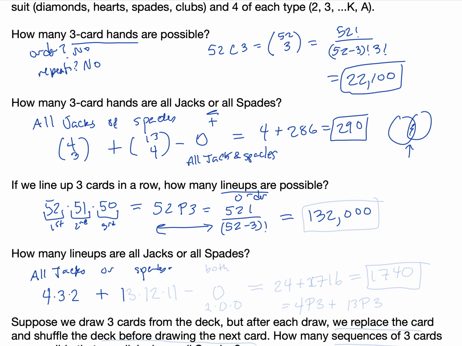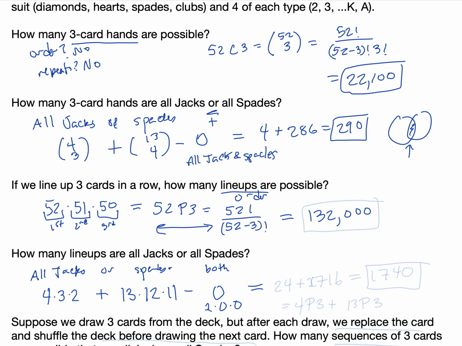Plus 13 choices for the first spade, 12 choices for the next spade, and 11 choices for the last spade. If we want to subtract their intersection, the lineups where all 3 cards are both jacks and spades, again, there are no such lineups because there's 1 choice for the first card, 0 choices for the next card because we took it away already, and 0 choices for the last card. So 0 times anything, we've got 0.